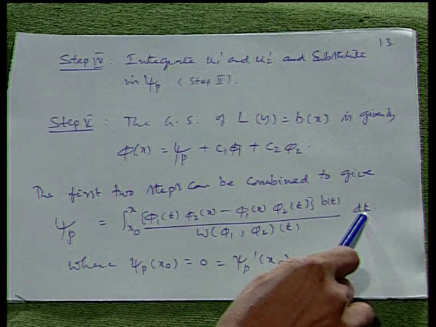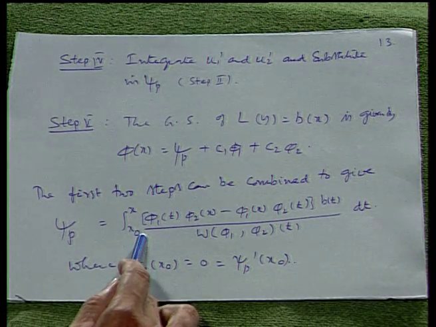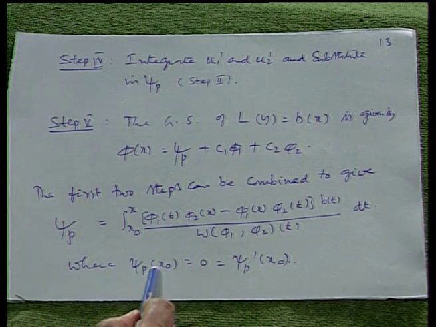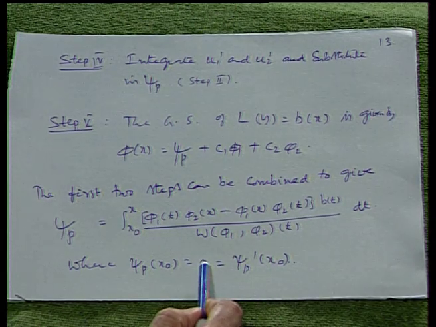Integration is with respect to t from x0 to x, where x0 is a point on the interval of domain of definition, of course subject to the condition ψp at x0 is 0 and ψp' at x0 is 0, both are zeros.